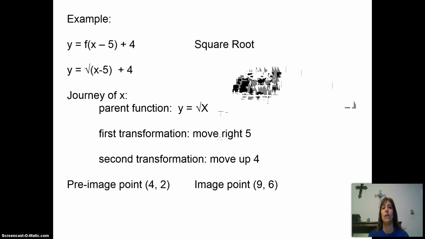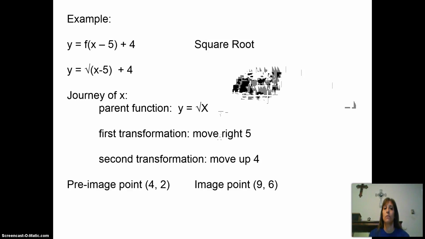Okay, here's my example. Let's say you have the one up here, x minus 5 and then plus 4. My original parent would be the square root. So on your paper, you're going to put the journey of x. You're going to put the parent function, which is y equals square root of x.